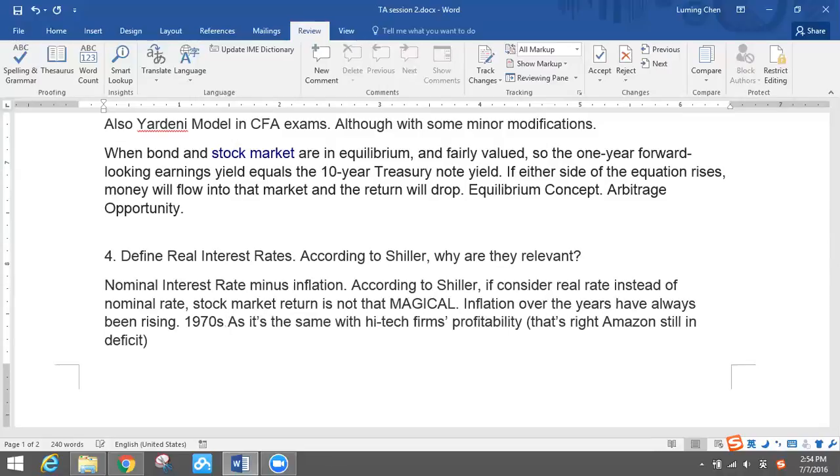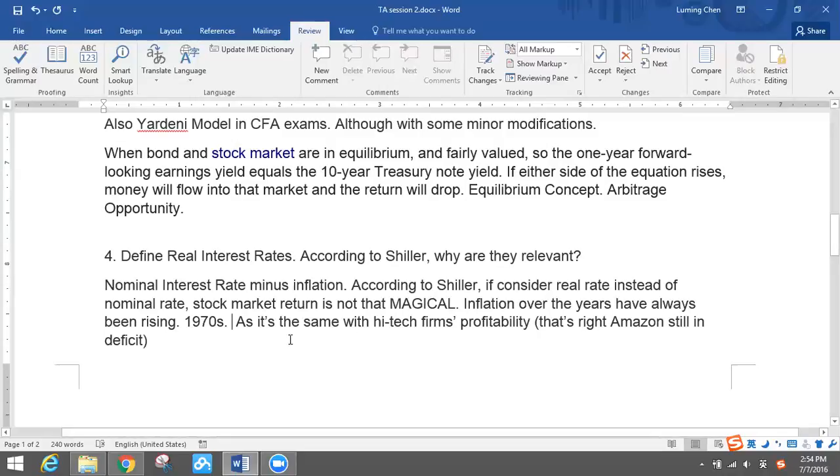That was basically the most serious inflation the United States had.